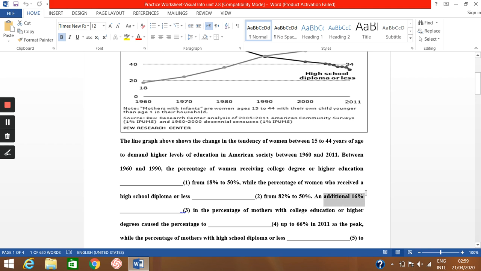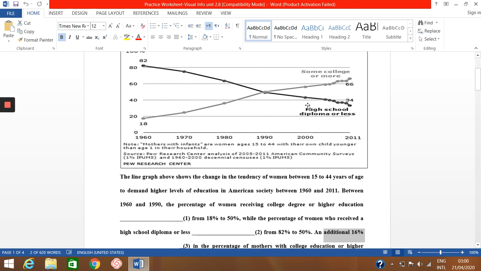You have learned in grammar that adjectives are always used to describe nouns. And if there is an adjective here, then definitely this adjective should modify or describe a noun. So in that case, you can use increase or rise. Remember, without ed, because it's going to be used as a verb. So we have to say there is an additional 16% increase or rise because it goes up, as you can see it here.